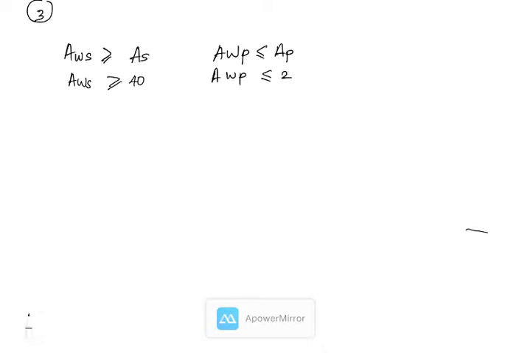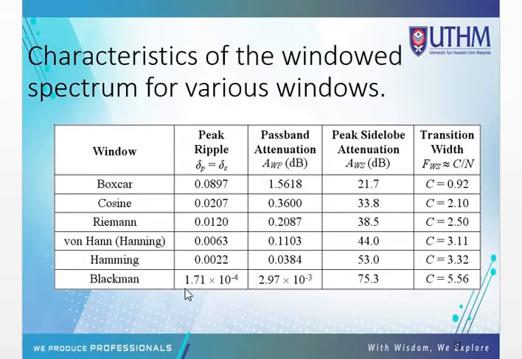So remember, Aws should be more than 40 and Awp should be less than 2. Then we go to the table. From the table, Aws should be more than or equal to 40, so only these three windows meet the requirements: Hanning, Hamming, and Blackman. And Awp should be less than or equal to 2, so these three also meet the requirement.